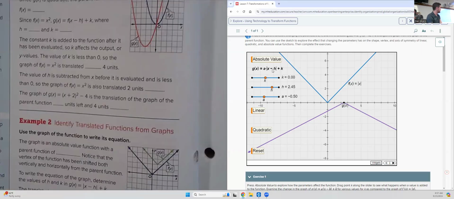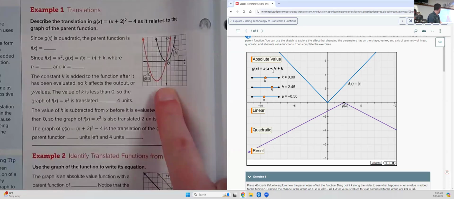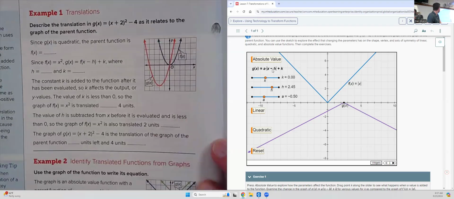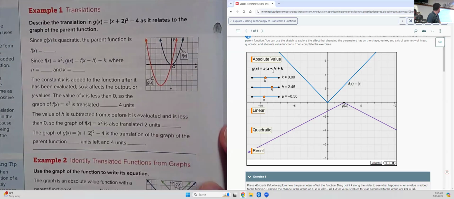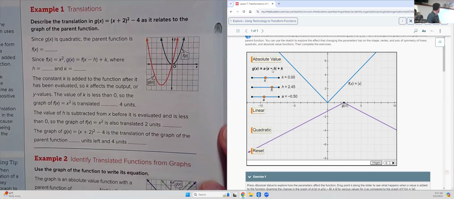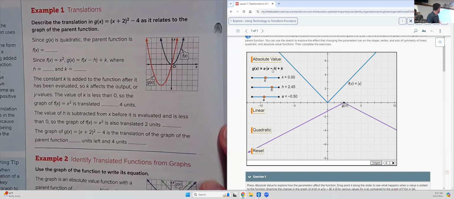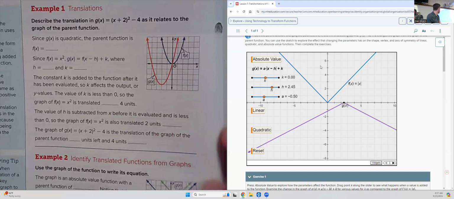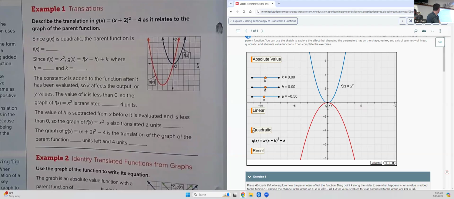Now we get to talk about, and this is why I left the graph up here. So it says, describe the translation in g of x, the red one, as it relates to the graph of the parent function, f of x, which is the blue one. So if I go back over here to quadratic, we are not changing the a value.